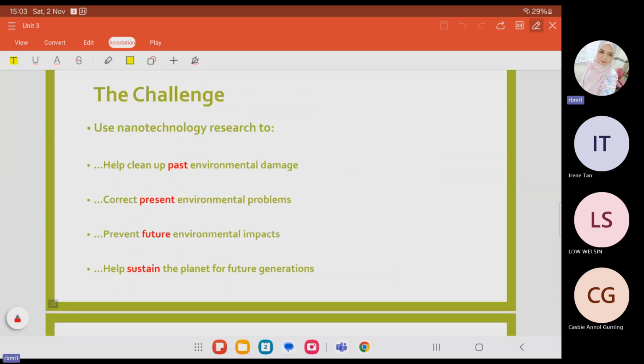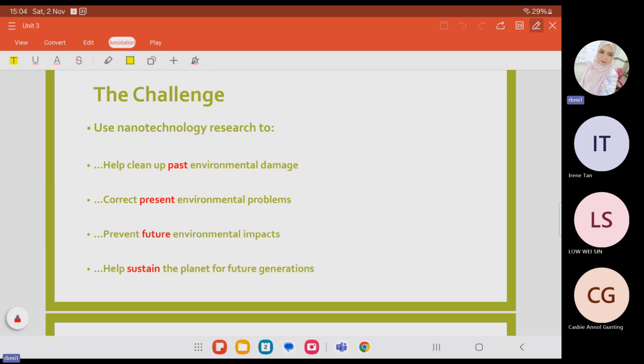But we have a challenge. Nanotechnology has already been embraced by industrial sectors such as information and communication, but it is also used in food technology, energy technology, as well as in some medical products and medicine. Nanotechnology skills can help clean up past environmental damage and correct present environmental problems.